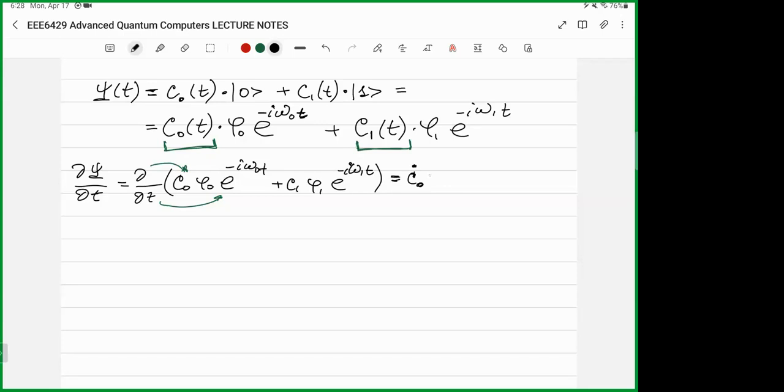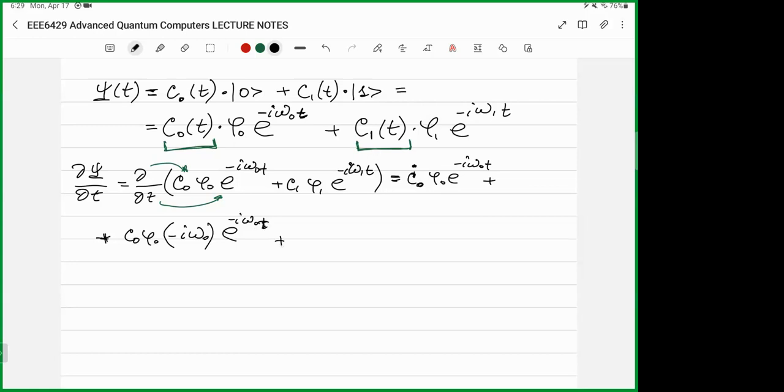So the first term is then phi sub 0 e to the power of minus i omega 0 t, and then plus the second term, which comes from the time derivative of the harmonic function. So it is c sub 0 phi 0 times minus i omega 0, and then e to the power of minus i omega 0 t.